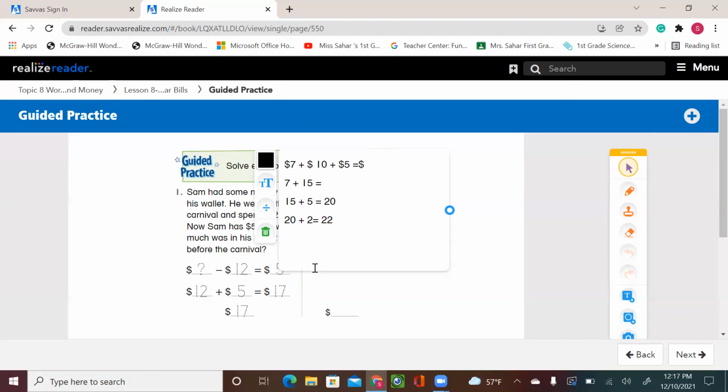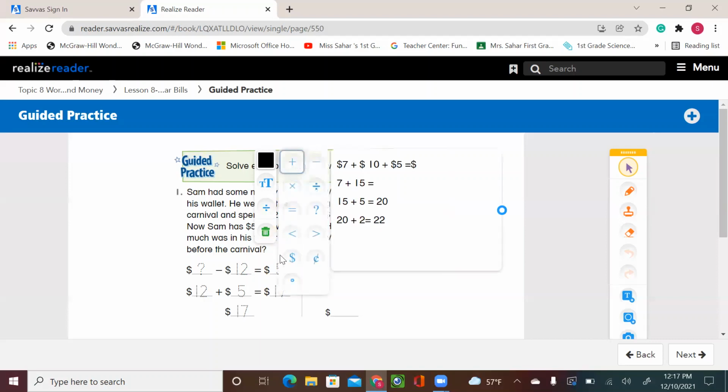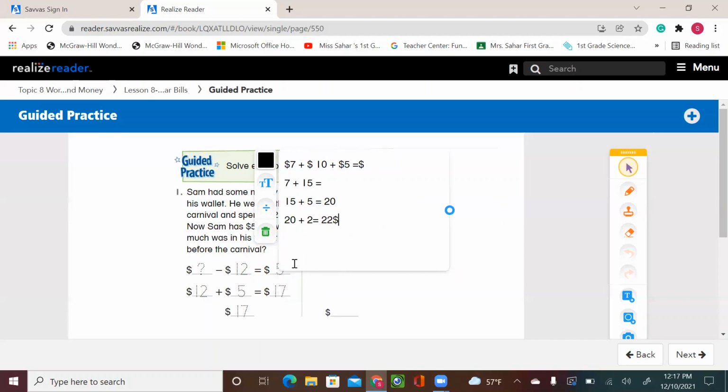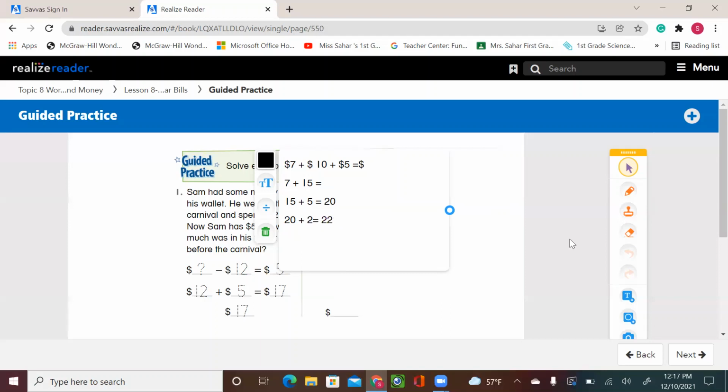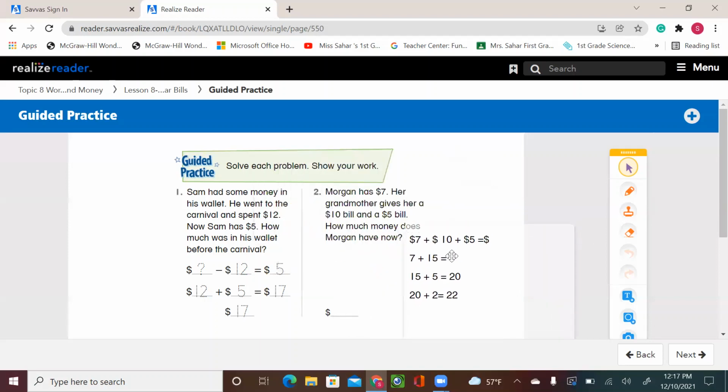So the total is $22. So let's write the dollar sign here. So that was a simple question.